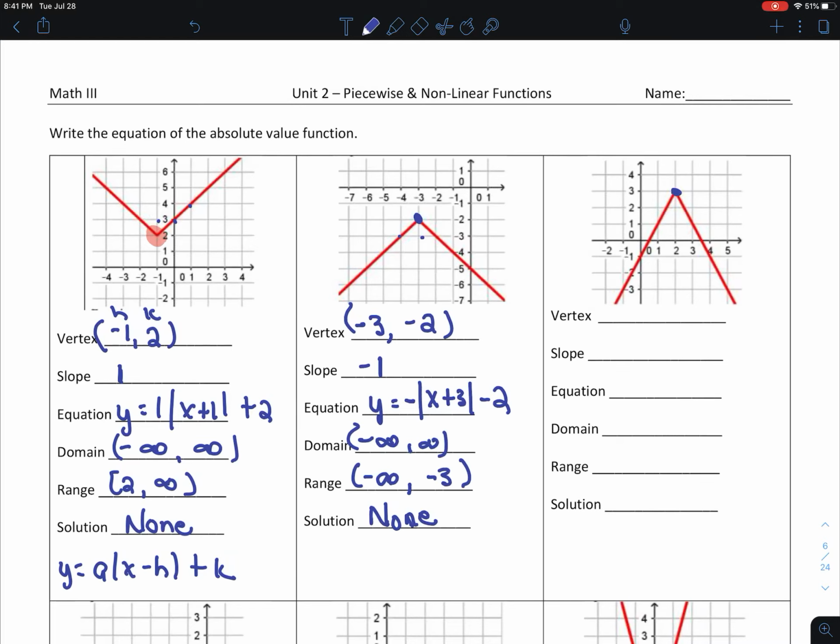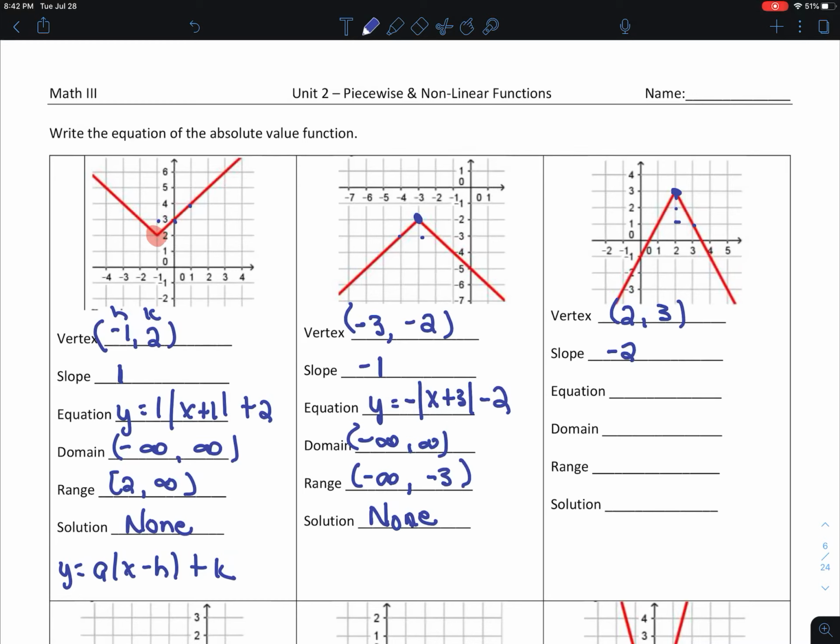All right, let me do one more with you. So my vertex here is 3, 2. I just lied and no one said anything. My vertex is 2, 3. My slope, I went down 2 and over 1, so my slope is -2.